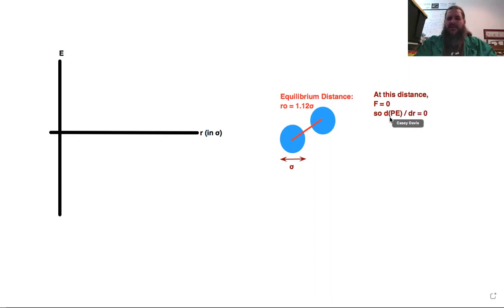So locations where the force is 0 are critical points for potential energy, either a max or a min. In this case, it will be a minimum. So potential energy is at its lowest at that distance. We're not really talking about locations here. R doesn't represent locations. R represents how far apart the particles are.